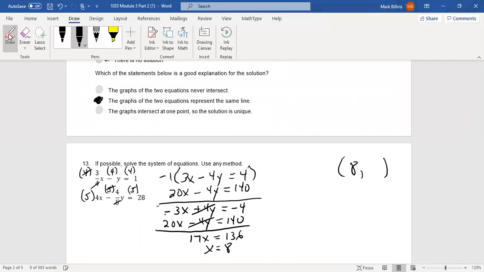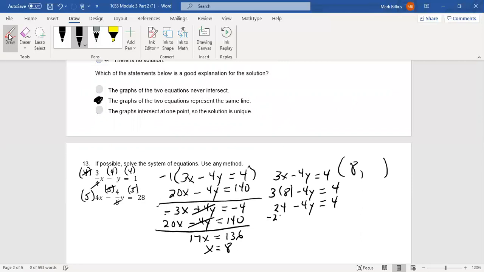Now I need to find the corresponding y value. I'm going to choose one of my two equations. I'm going to choose the 3x minus 4y equals 4 and substitute 8 in for x. So I have 3 times 8 minus 4y equals 4. This is 24 minus 4y equals 4.